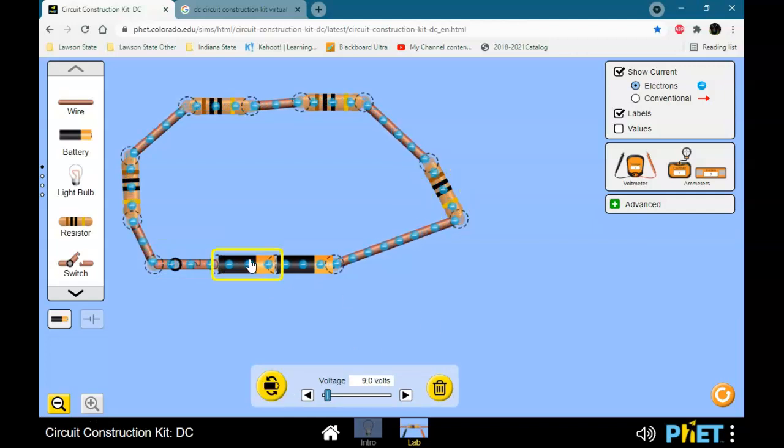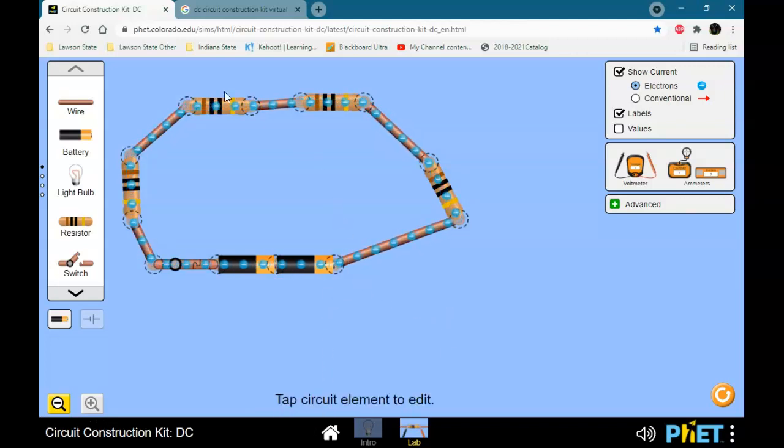Each of these is set to 10 ohms. I'm going to set these up to 50 volts each. And that just moves the electrons around a little bit faster so you can actually see it doing something.